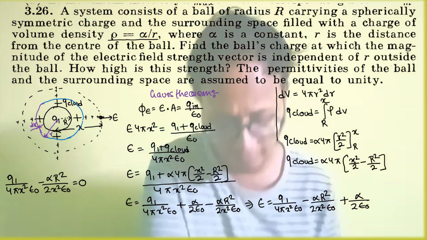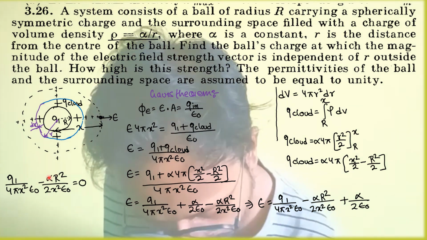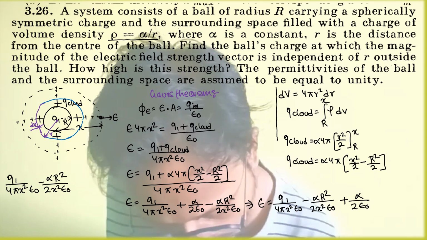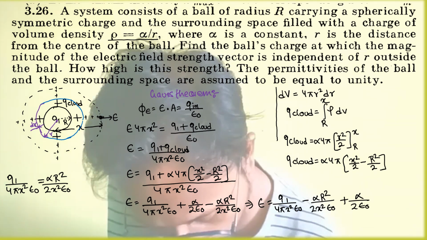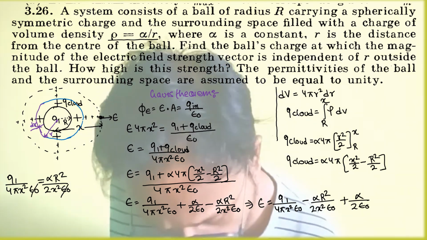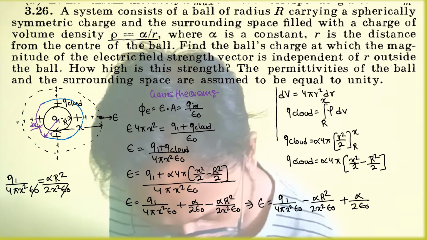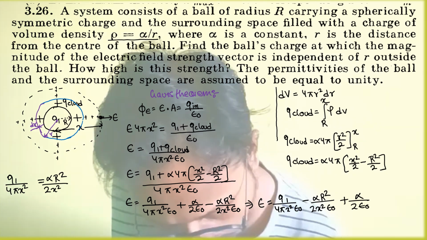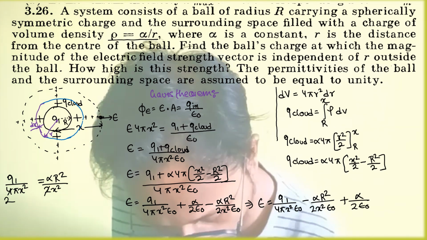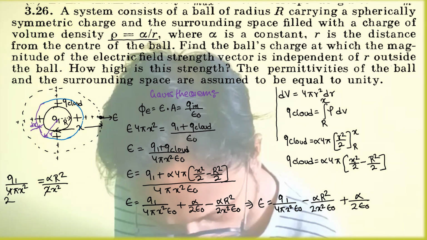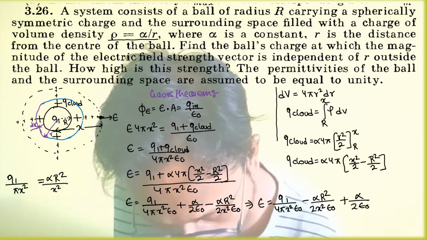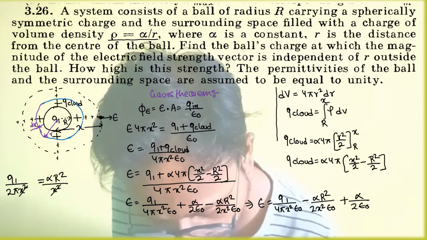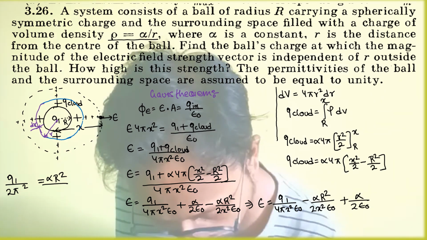So if I send this term to the right hand side, epsilon naught gets cut. 2 2s are 4. Is there any pi? No. Let's make it 2. And x square would get cancelled. See, it's already independent of x.